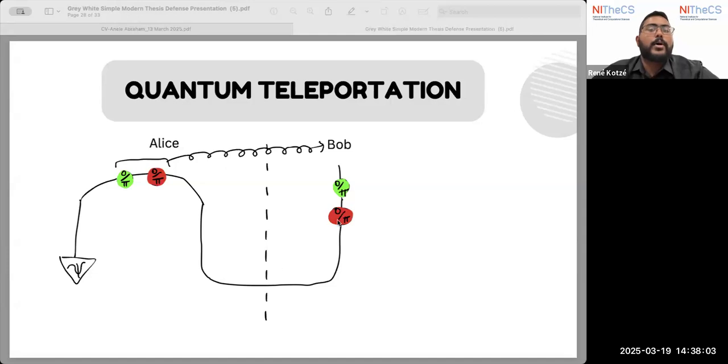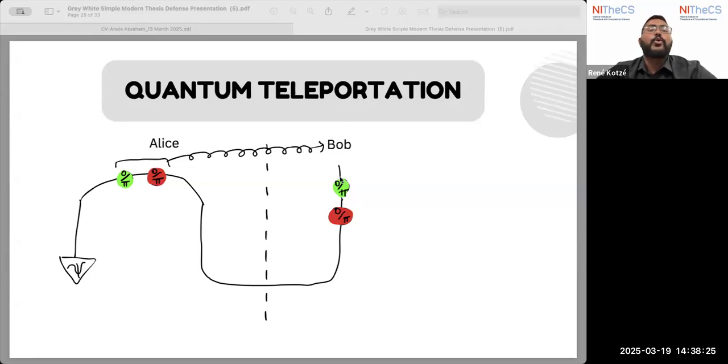Once we've done that for the red spider, we do it for the green spider as well. So we do the exact same thing. If it's 0 or pi here, we include another one, which is 0 or pi on the right-hand side, on Bob's side. And doing that, we could slide these two and they'd cancel out and we'd be fine.